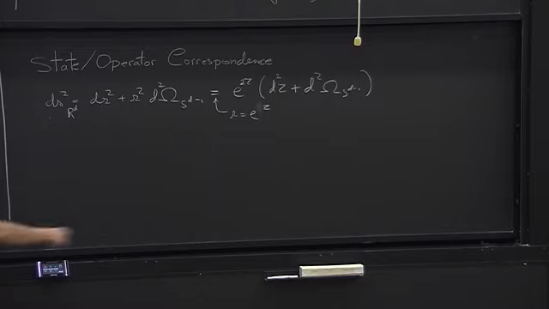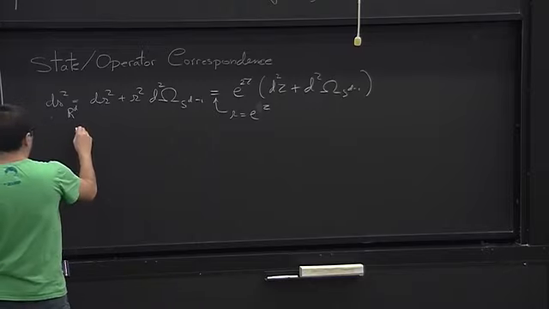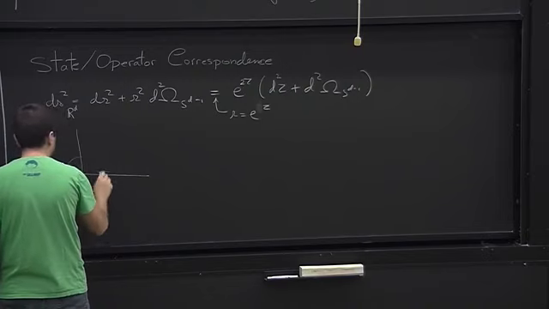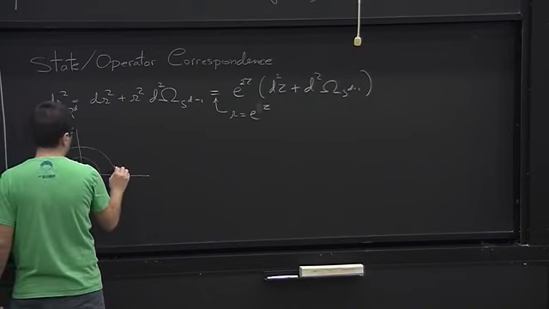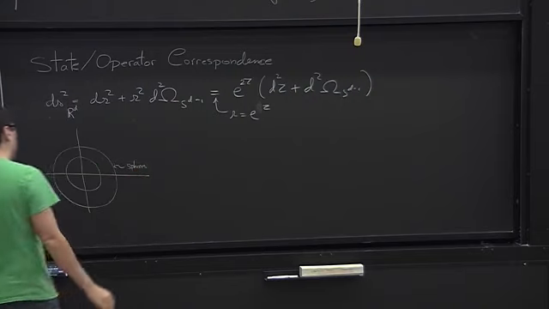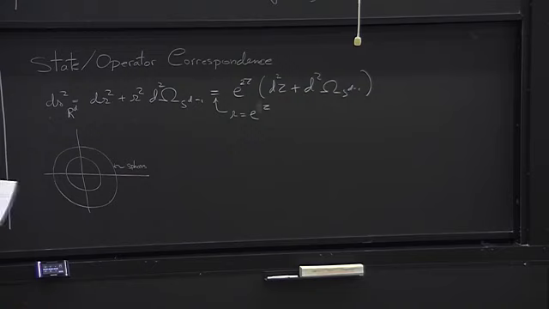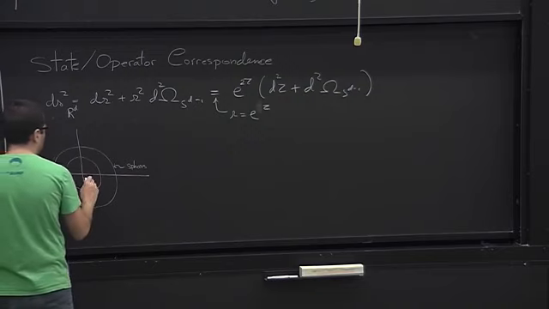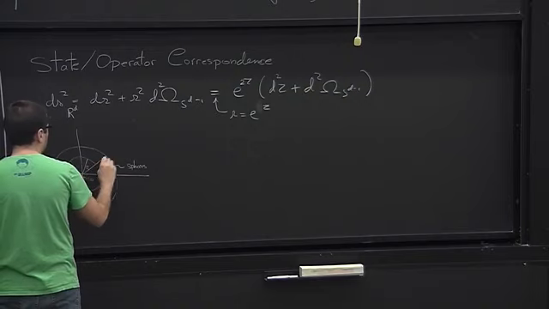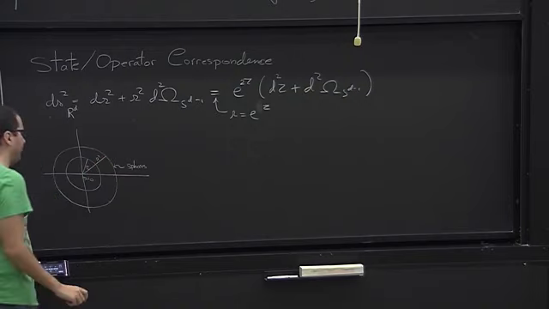And this leads to a picture of radial evolution, where you have your radius increasing. So here is some different radius. These are spheres at some radial coordinates: this would be r equals 0, this would be some r, this would be some r prime.